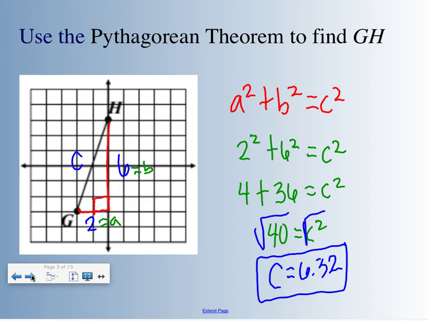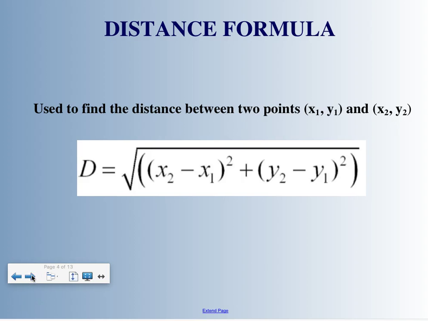So if you have a coordinate grid and you want to draw in a right triangle like that and solve for the length of a segment, that's a perfect option for you. But sometimes we're going to get points that are way far away from each other, and drawing a triangle won't be as nice, so that's why we have the distance formula. If you want to jot that down, that is our distance formula in that box.